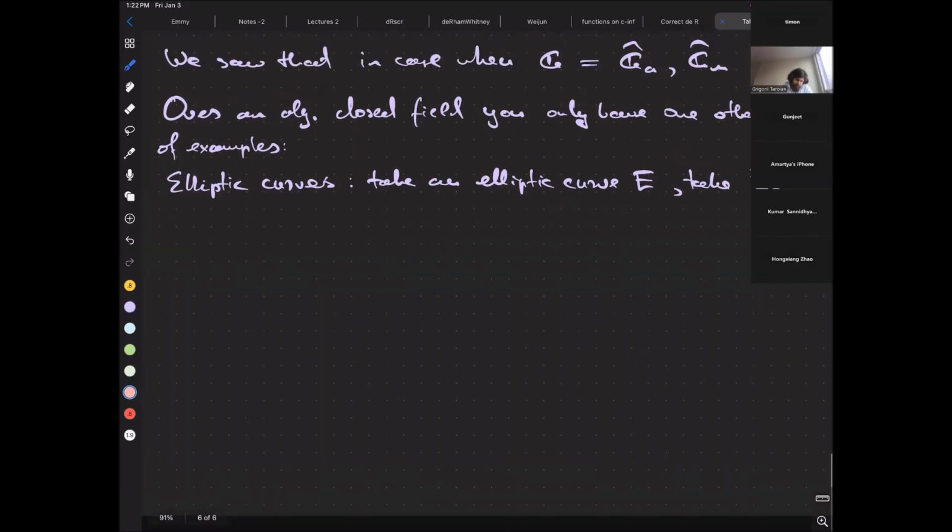So, definition: an elliptic cohomology theory consists of the following data.